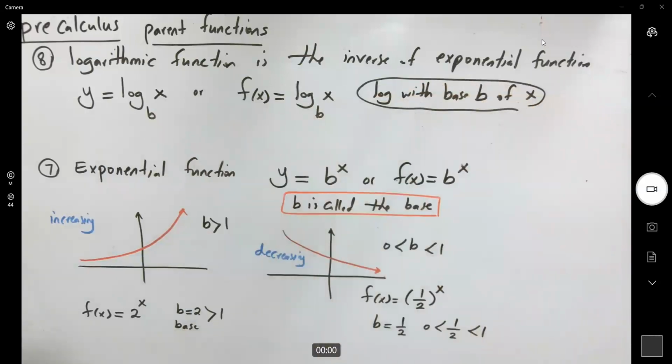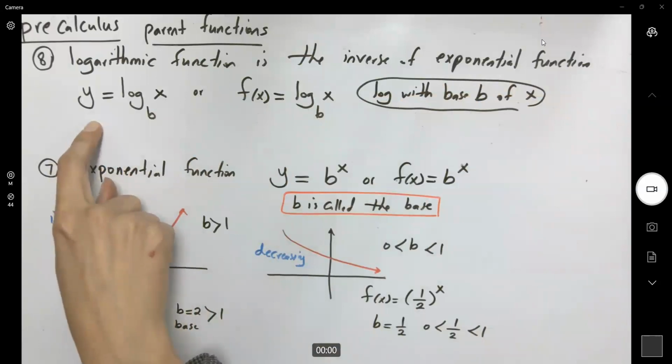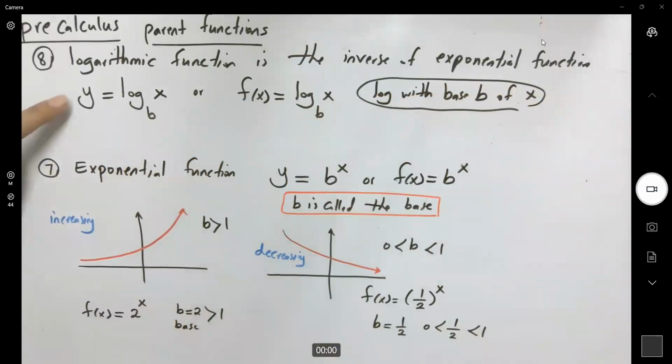This is a logarithmic function. It uses logarithm for the definition of this function. And this is the inverse of exponential function. What do we mean by that? Let us take a look at the graph.